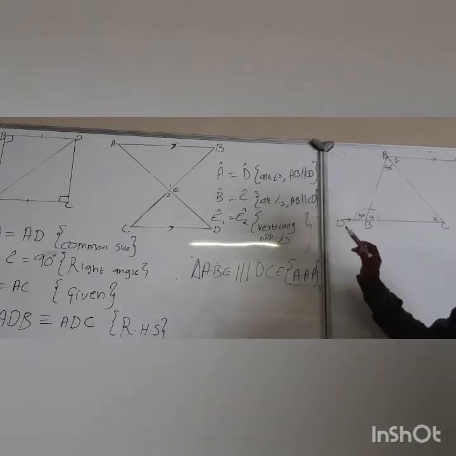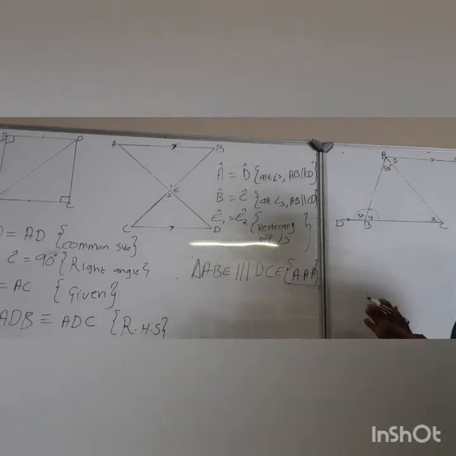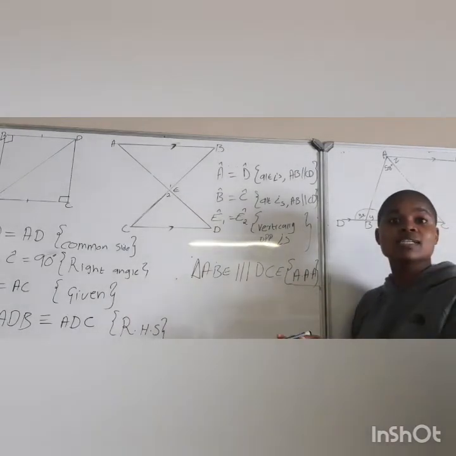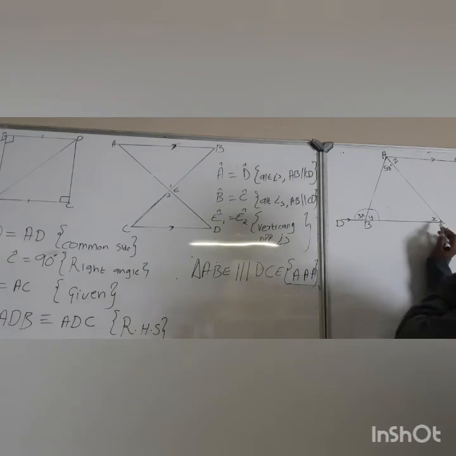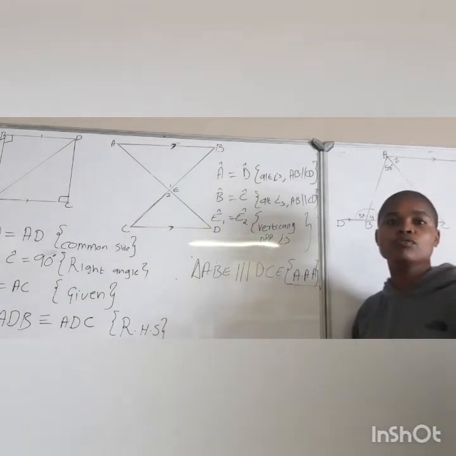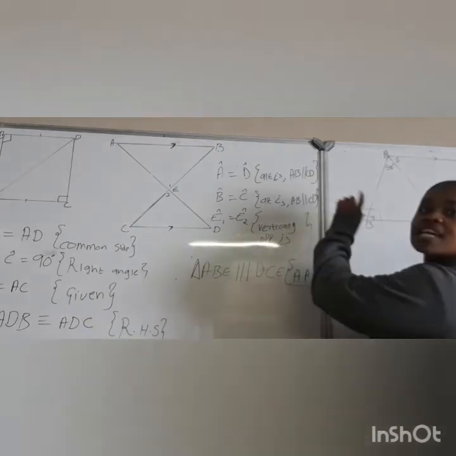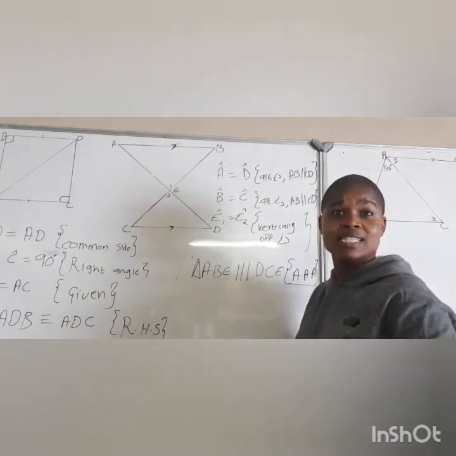I understand that you see them all on the straight line, but remember, angles on a straight line should always add up to 180 degrees. But when you add this 3x and that far x, there's no way they can give you 180 degrees. And remember, the 3x is outside. It is outside the triangle. Do you remember the exterior angles?